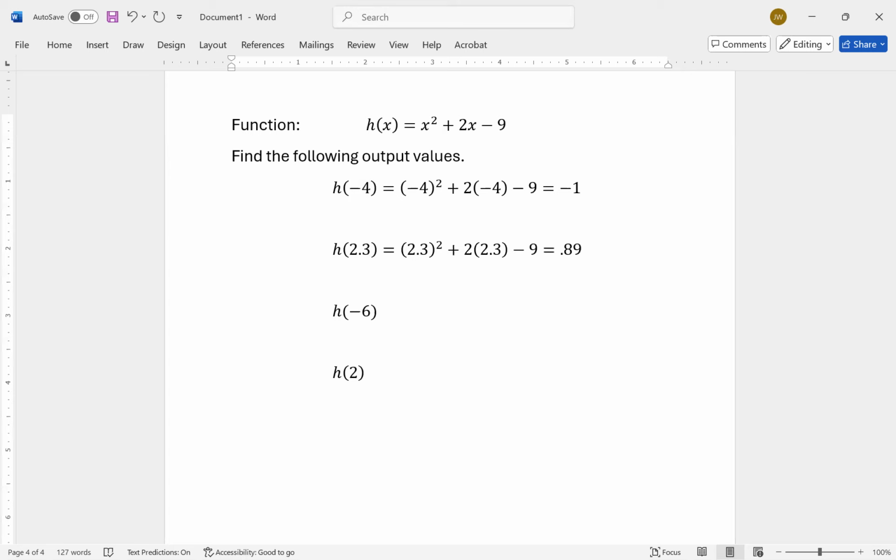When you input a negative 6, again, make sure that negative goes inside the parentheses. So negative 6 squared plus 2 times negative 6 minus 9 becomes a 15.